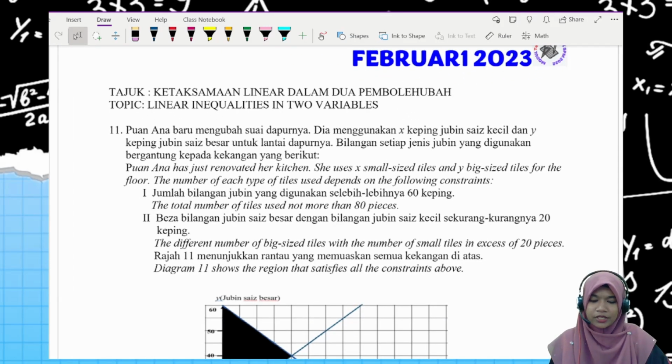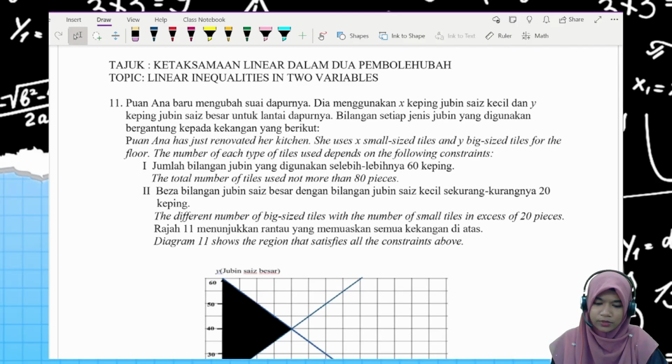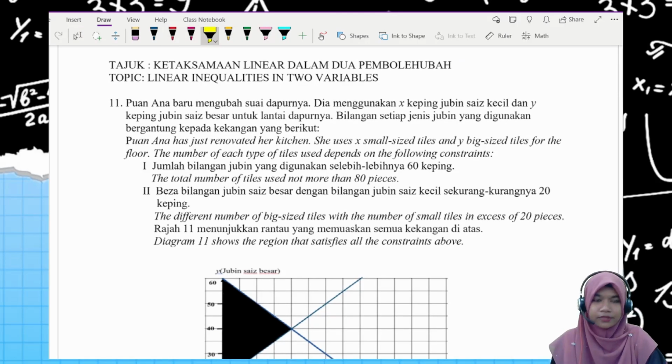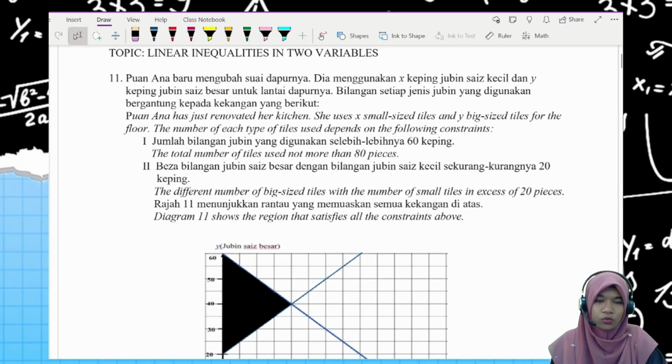Read this question carefully, one by one, from the first word until the end. Puan Ana had just renovated her kitchen. She used X small size tiles and Y big size tiles for the floor.